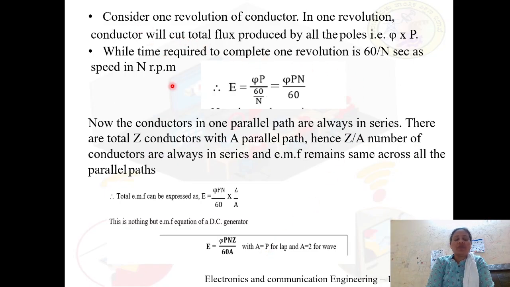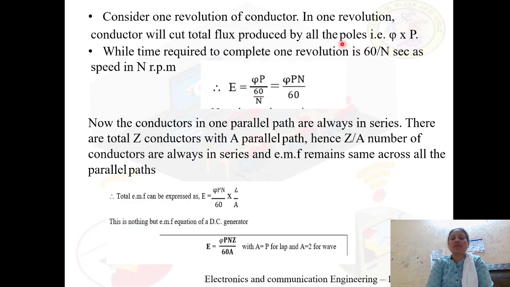Now, if we consider one complete revolution, that is, 360-degree mechanical rotation of the generator, the flux cut will depend on all the poles, that is, the conductors placed in the armature periphery should cut the flux and be linked with all the poles.